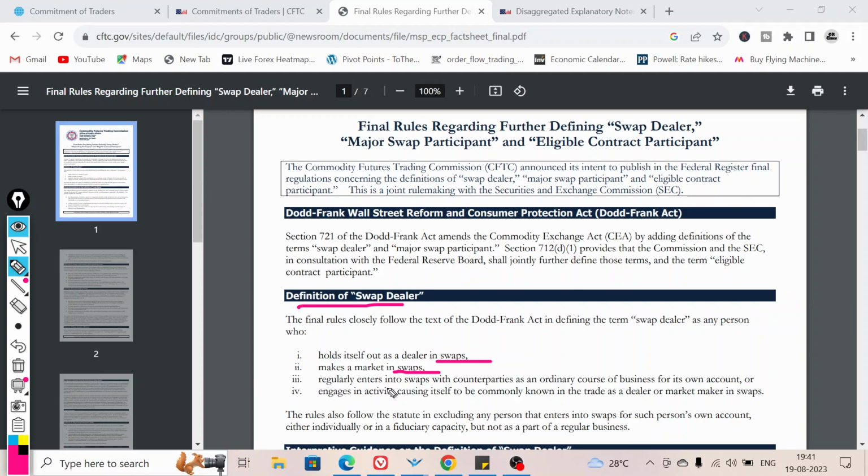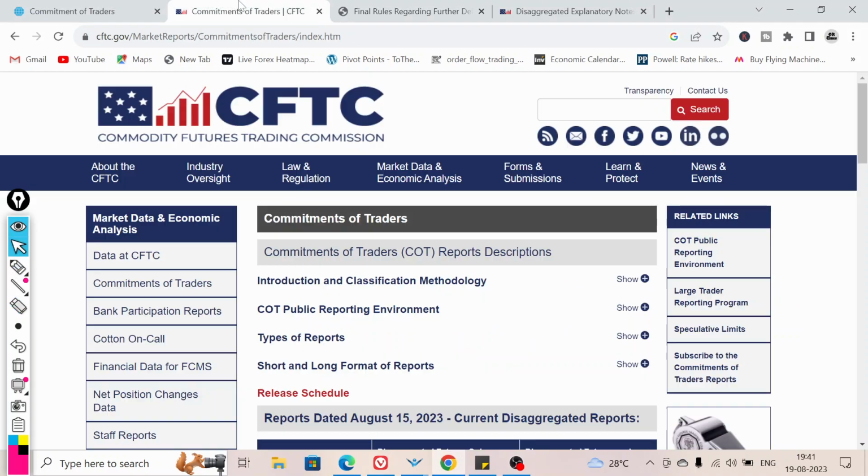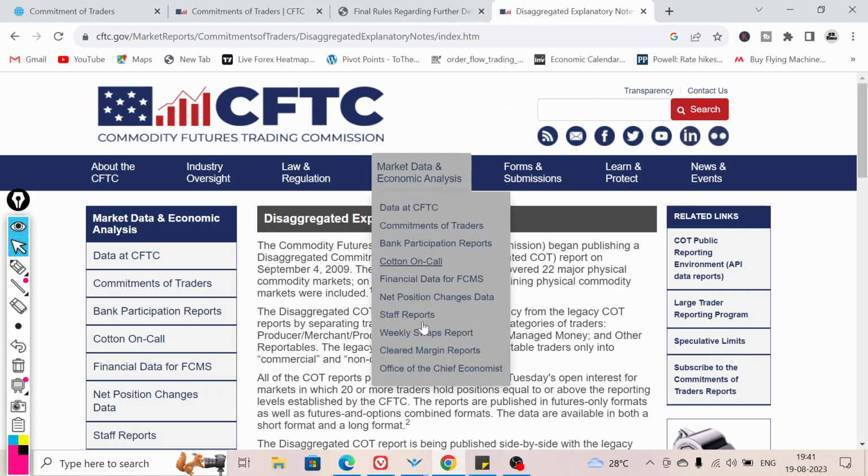Third, regularly enter into swaps with counterparties as an ordinary course of business for its own account, or engage in activity causing itself to be commonly known in the trade as a dealer or market maker in swaps. I know it's quite difficult to understand these definitions, but let me explain this to you with a chart so that you will get an overview.